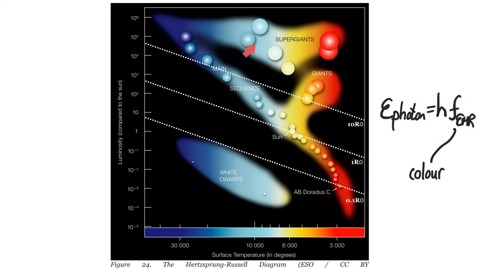Here in the white part we get dwarfs, and we get big giant stars here. These down the bottom are interesting, and we'll talk about them later on. But you can see along this line, that's approximately a tenth: those stars have a tenth of the radius of the sun. Along here, the stars have approximately the radius of the sun. You can see not that many. The sun is a dwarf star.